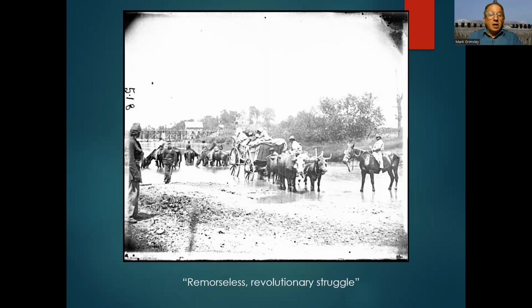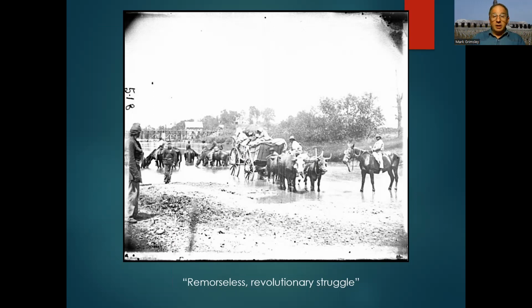Now, why try to end slavery as a war aim? Well, because the economic basis of the Confederacy is slavery. You destroy slavery and you cut the economic props out from under the Confederacy.